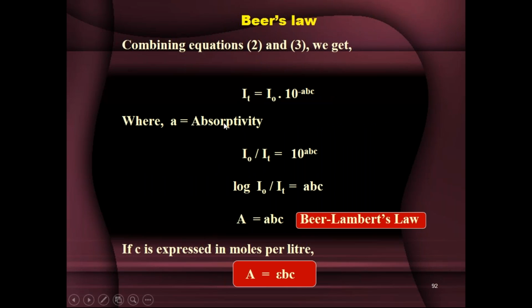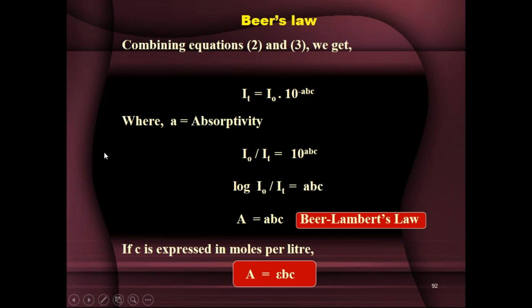So combining equations 2 and 3, 2 for Lambert's law and 3 for Beer's law, we get IT equals IO into 10 raised to minus ABC. B from Lambert's law, C from Beer's law, and A is a new constant that is introduced instead of K and K dash. A is called the absorptivity.